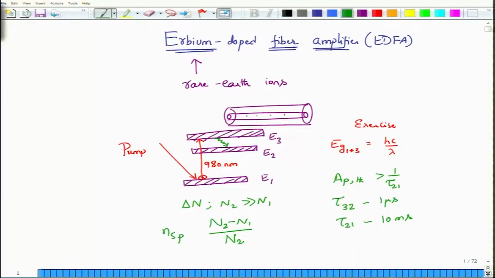When you fill completely, N1 will be equal to 0 and only N2 will be there, and then NSP can go all the way to 1, or maybe this is actually 1 plus (N2 minus N1) by N2. So the filling factor can go from 1 to 2. I have to adjust these numbers in any way, but do not really worry about it.